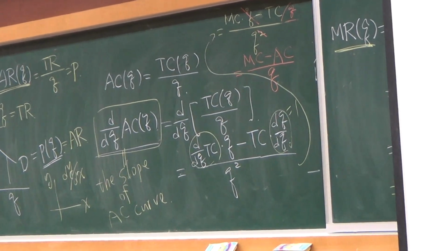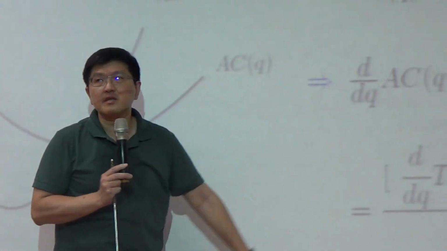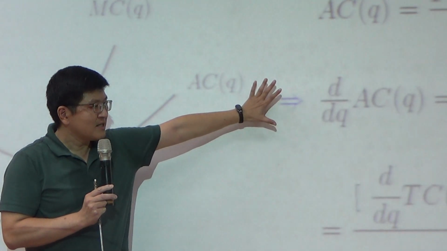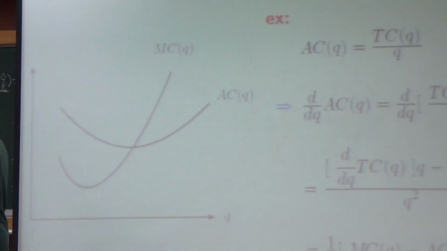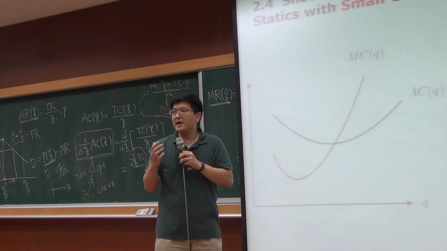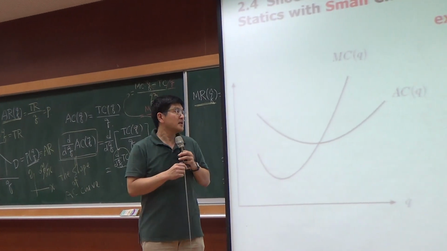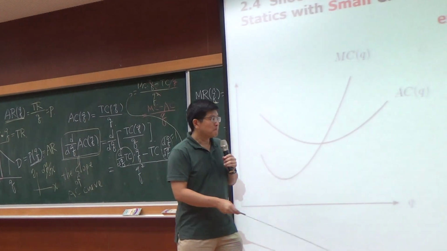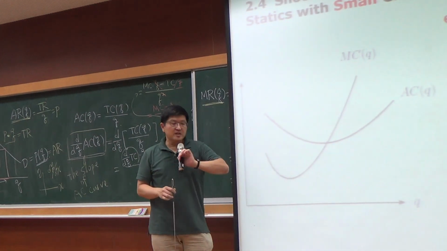So the manipulation of this should not be difficult, and I encourage you not to be afraid of this. It is just the application of the rules. Okay? Let's interpret the result.